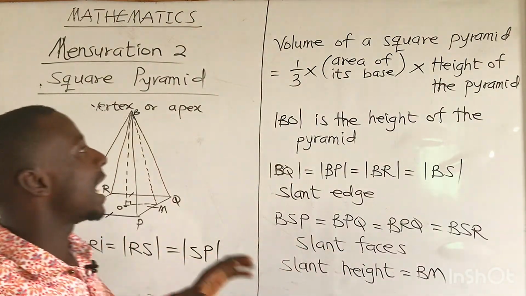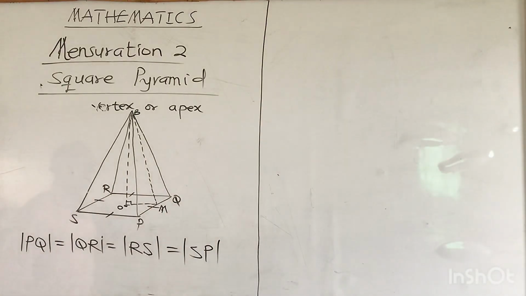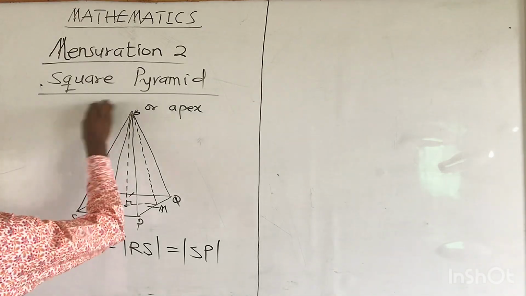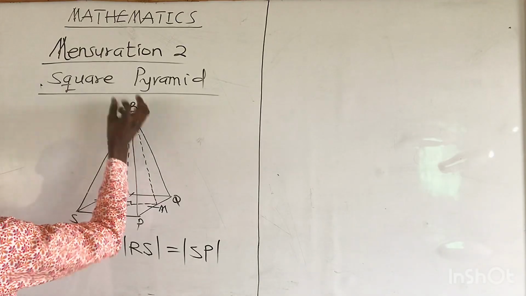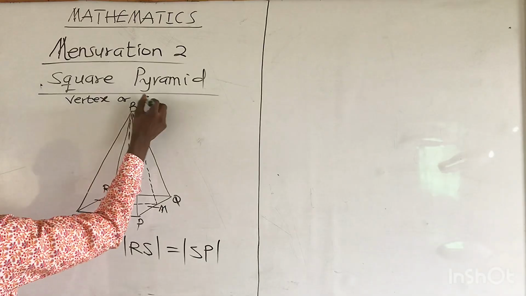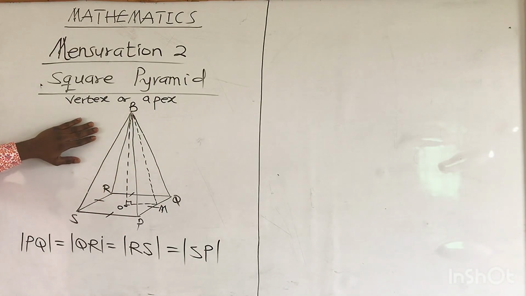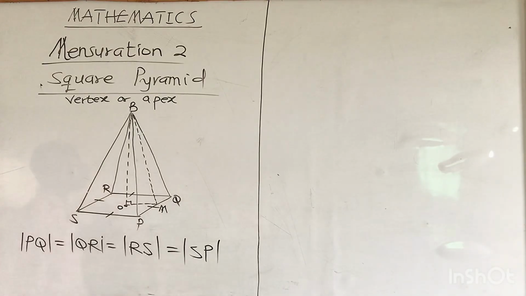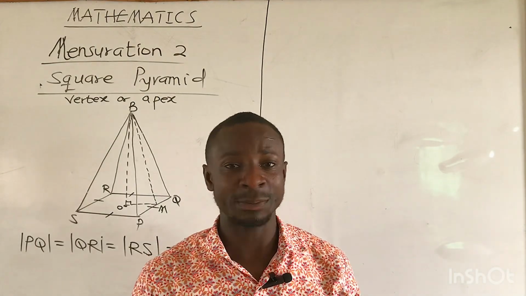Now we are going to look at the total surface area of a square pyramid. So let's look at how we are going to find it. In finding the total surface area of this square pyramid, I am going to use the net of the pyramid to explain much better.